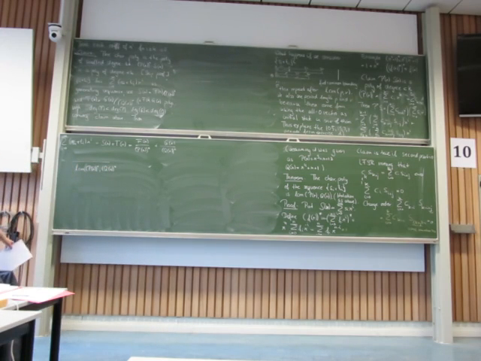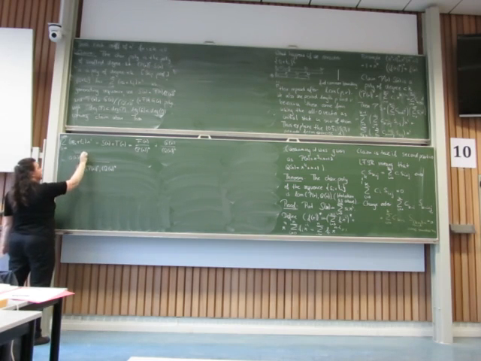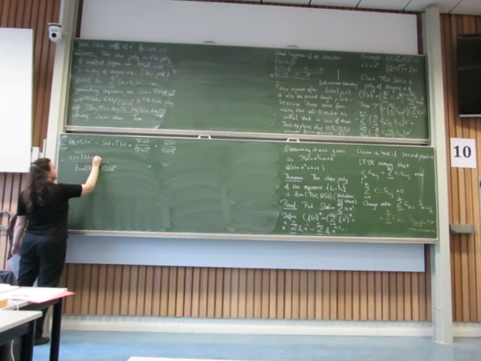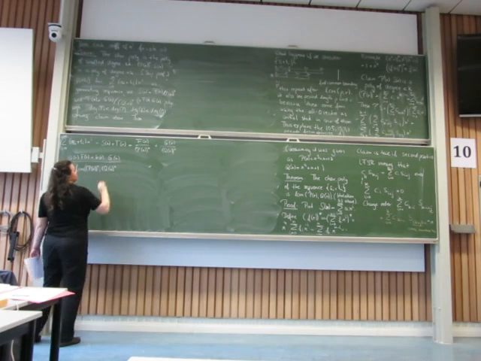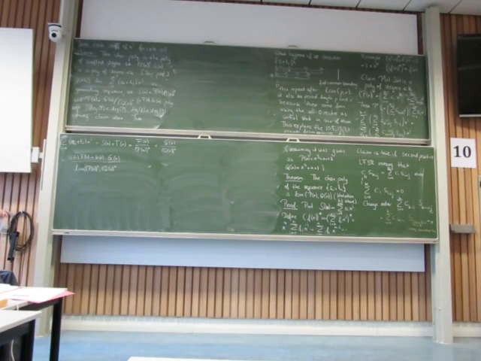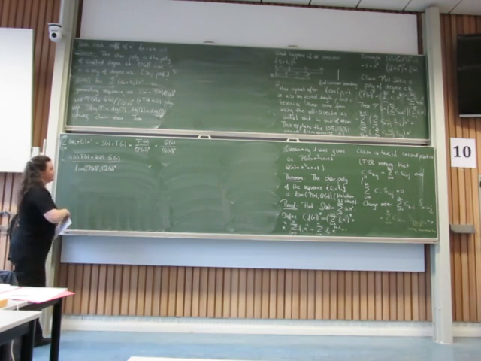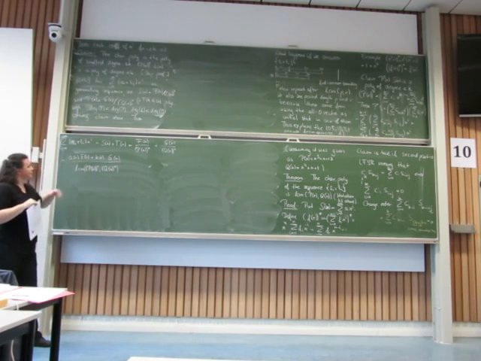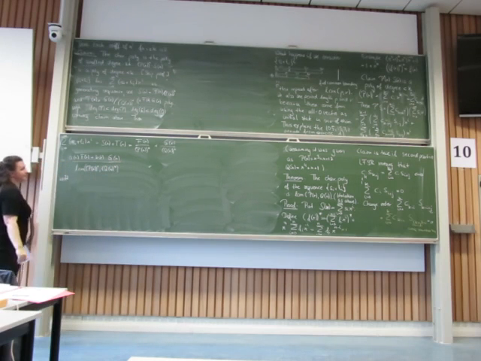And then there are some polynomials, a of x times f of x plus b of x times g of x, where a comes from the part that we need to take care of the q, and b is what we need to take care of the p.